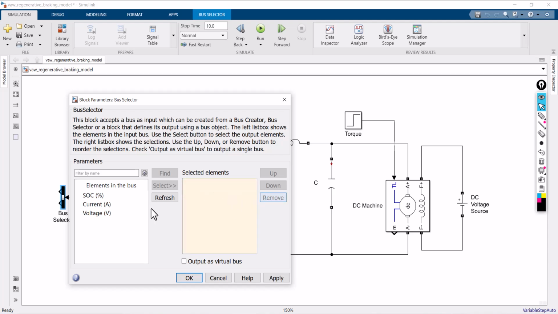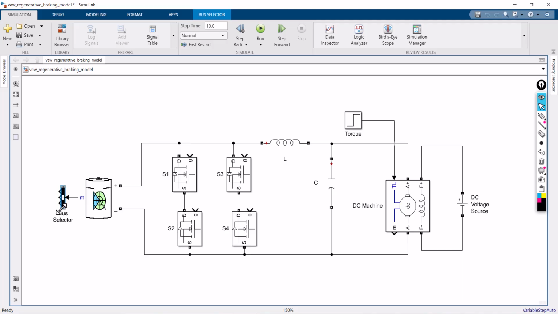First remove this one. Select state of charge. If you want to measure current and voltage, no issues. But as of now, I'm going to measure only, okay, let us measure current also, nothing will happen. If you want to measure only SOC, you can do it accordingly. Click apply.